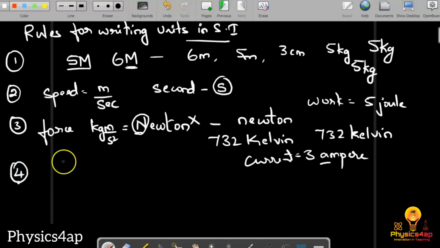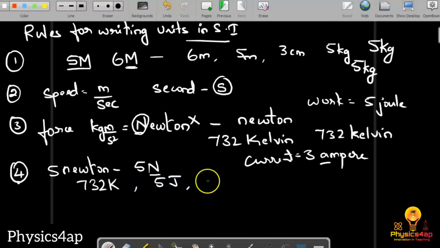Coming to the fourth rule, the symbol of a unit named after a scientist should be written in a capital letter. సో ఇంతకుముందు చెప్పాను. సో 5 న్యూటన్ అని ఉందనుకోండి, సో దిస్ క్యాన్ బి రిటన్ యాజ్ 5 క్యాపిటల్ N. ఓకే, అంటే సింబల్స్ గా రిప్రజెంట్ చేసేటప్పుడు మనం క్యాపిటల్ లెటర్ యూజ్ చేసుకోవచ్చు. అండ్ 732 క్యాపిటల్ K కెల్విన్. ఓకే, 5 జూల్ క్యాపిటల్ J. కరెంట్ 3 ampere capital A. Whenever we are writing symbols, they should be represented in capital form.